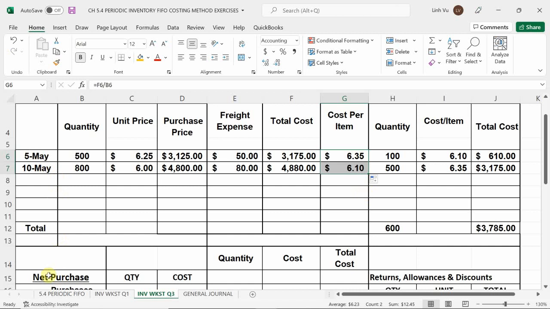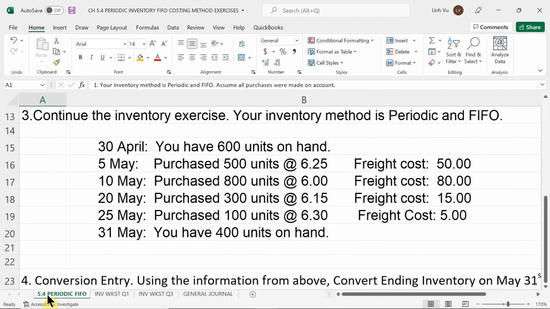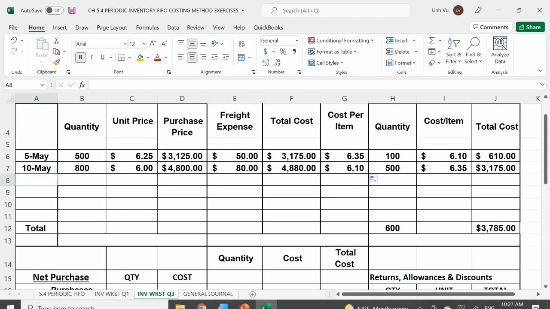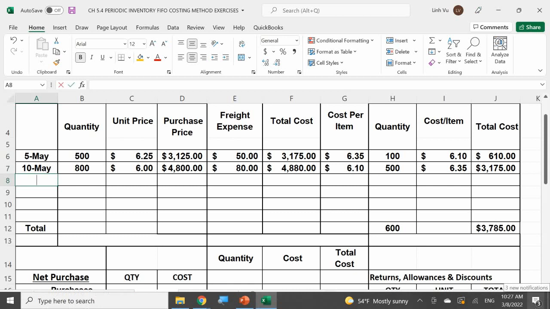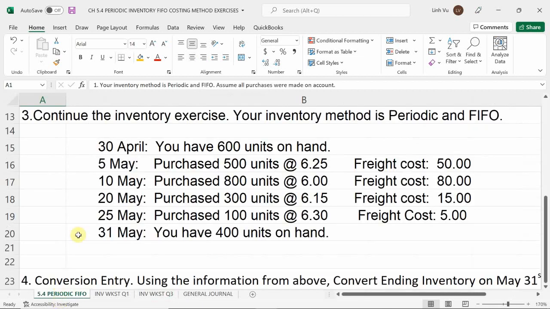Okay. So then let's go ahead and see what happened next. It's May 20th, right? May 20th, we end up purchasing 300 more units at $6.15, okay? With the freight costing $15, okay? So, plug that in. It is May 20th. We purchased 300 units at $6.15, freight of $15. Let's double check that.